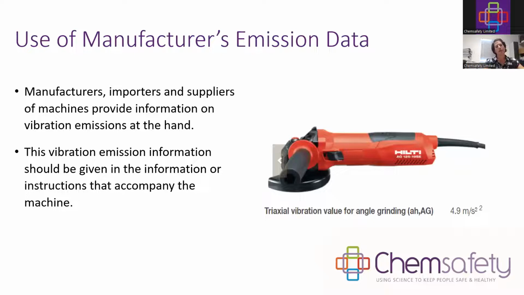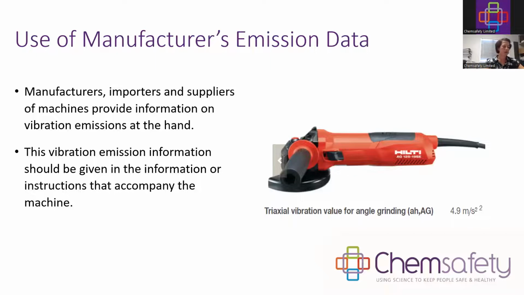So when you want to determine what the vibration magnitude is of any tool, you can typically use the manufacturer's emission data. A lot of manufacturers do provide it in a little booklet with the tool.